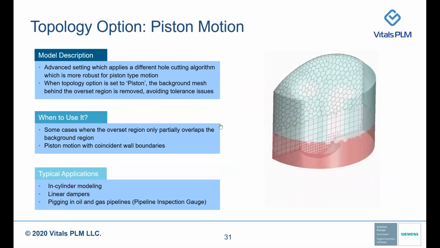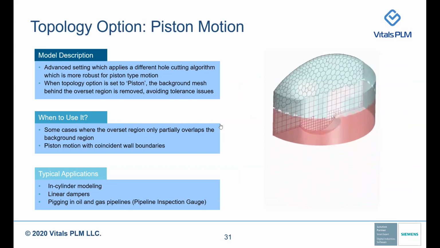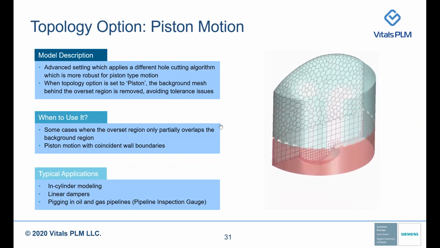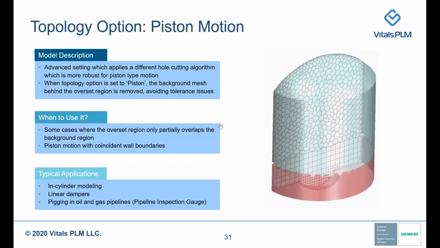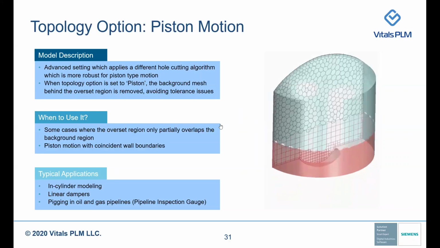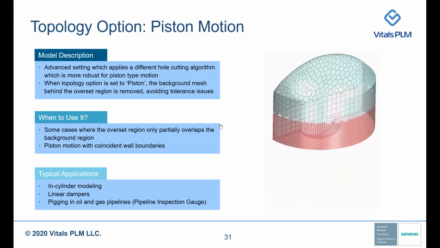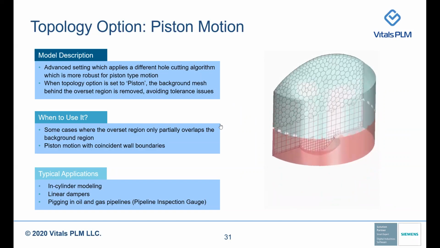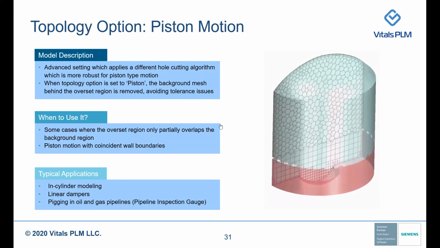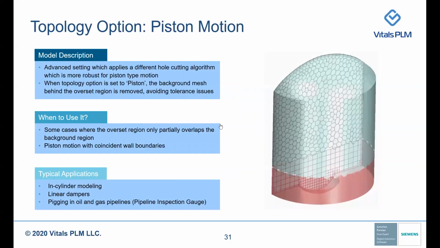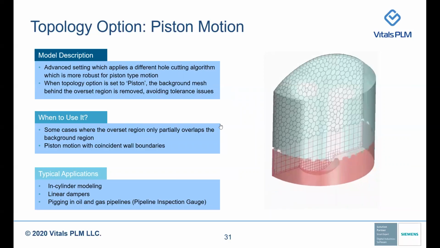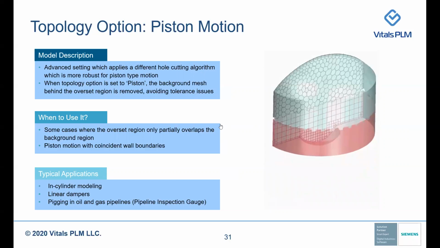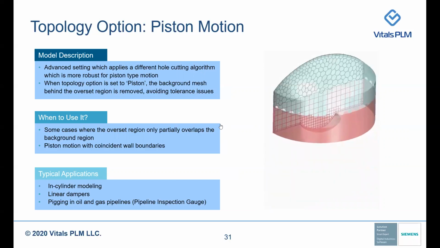And there is another option for the topology to be defined in overset mesh that's called piston motion. Again, as the name implies, piston. This is useful for cylinder modeling applications. The difference from other features is that when the overset region moves to another position, it automatically removes the background region on the fly.